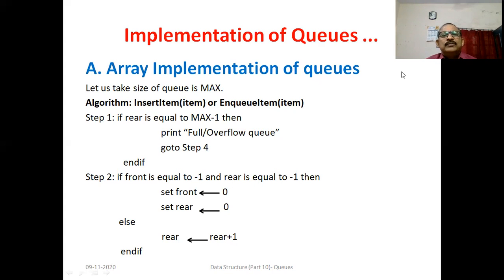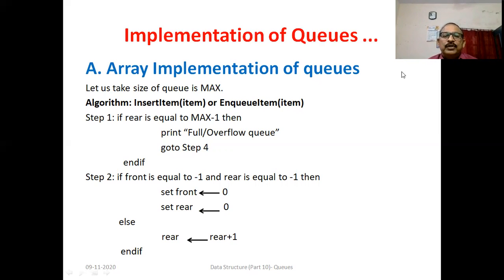In step 1, if rear is equal to max minus 1, in that case we cannot perform the insert operation. We simply give a message on the screen, queue is full, or we can say overflow queue, and go to step 4.